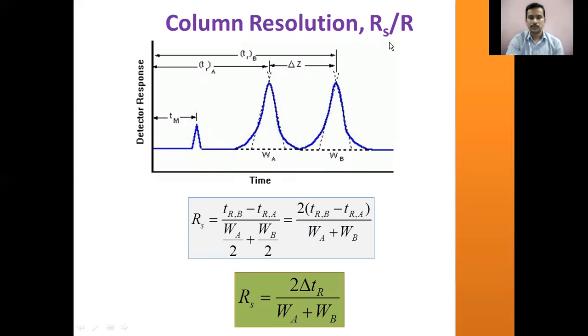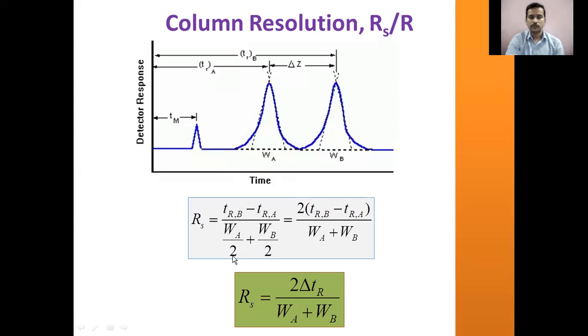And how do we write the resolution? It is written as resolution RS is equal to TRB minus TRA divided by WA by 2 plus WB by 2, where TRB is the time taken by the strongly retained species, because its retention time will be more, and TRA is the retention time of the less retained species, that is the solute which is going to be eluted first.